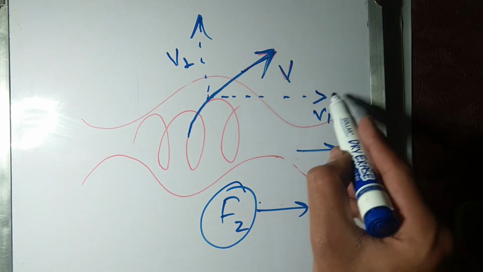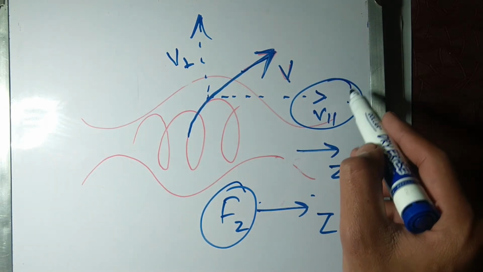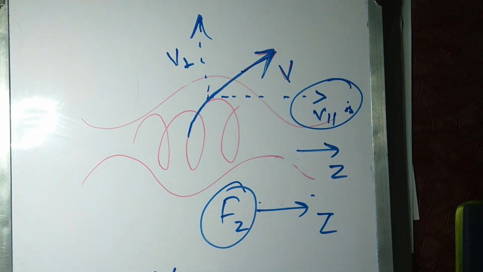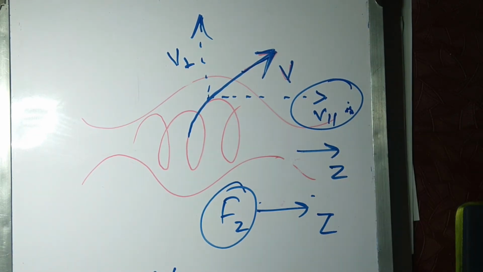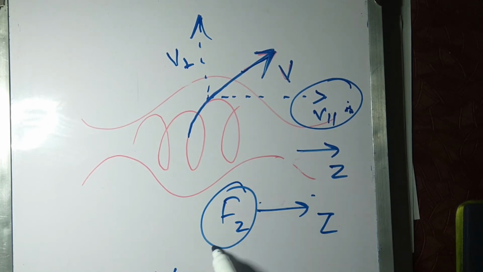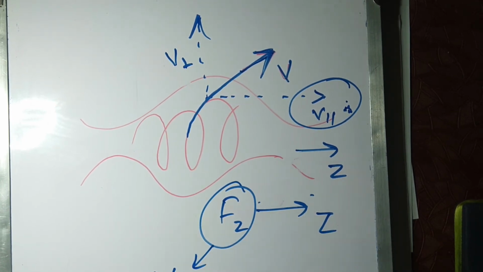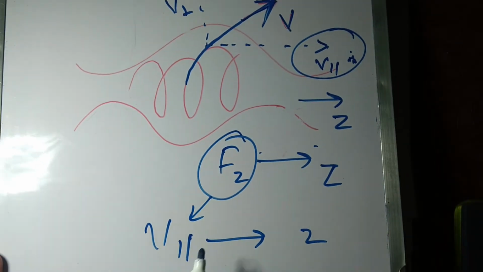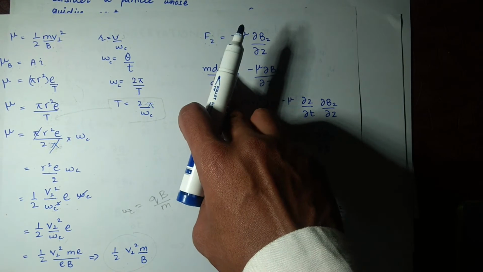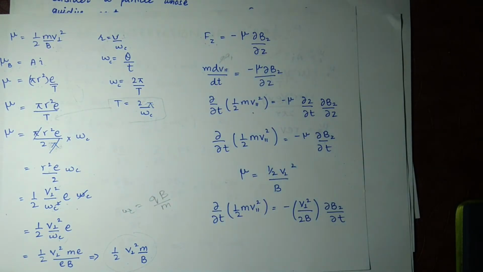As f of z is along the z axis, we have to take the velocity which is along the z axis, and v parallel is along the z axis. So for f of z we will take v parallel. So that's why we are taking v parallel. Now you understand why we put v parallel here.